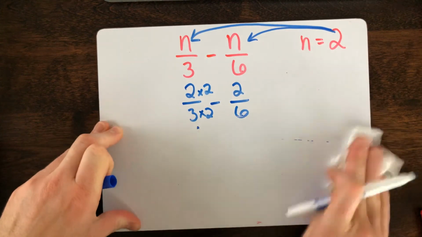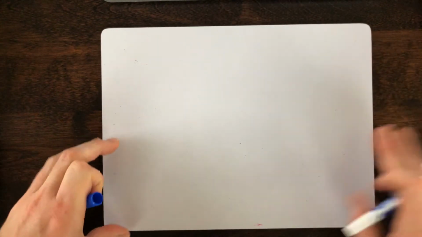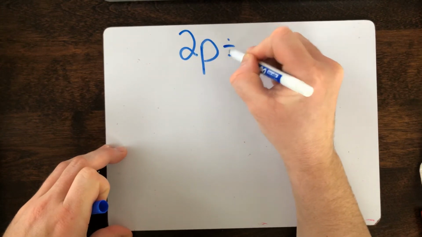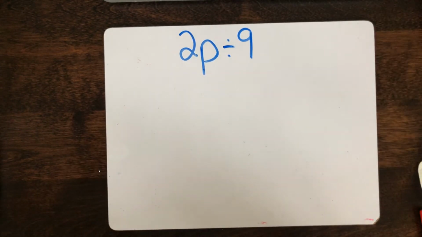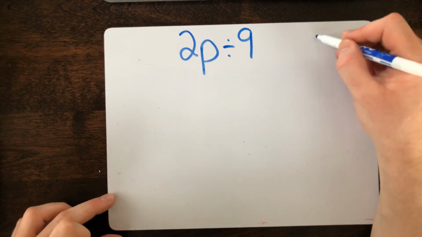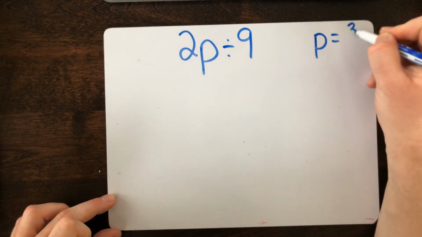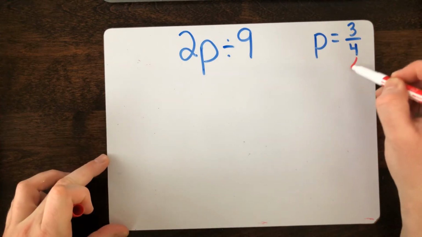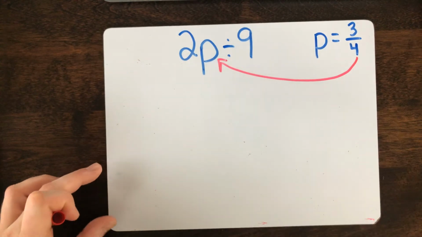Let's do that last problem. The last problem was 2p divided by 9. And they said evaluate that expression when p equals 3/4. So again, they tell you that p equals 3/4, so you can plug in 3/4 there.